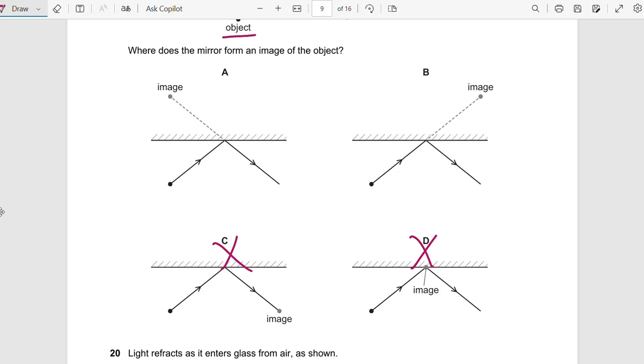So C and D are wrong, and it's going to be a vertical distance from here to here. It's not this one, it's not this one. Okay, it should be like a vertical here. It should be 90. So notice this distance equals to this distance, so the correct option is A. B is wrong. Okay, I hope it's clear.